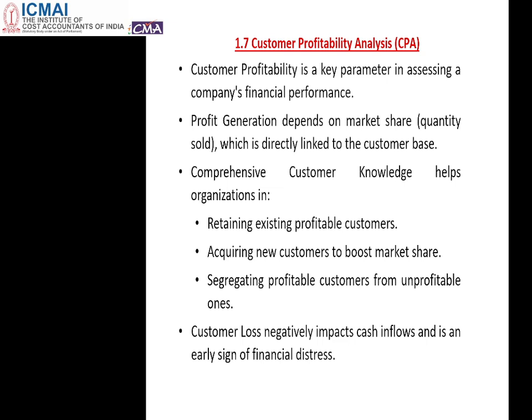Let's understand CRISIL, a division of S&P Global. Standard and Poor's is a global rating agency, an MNC typically. They have acquired stakes in CRISIL. That's why it's now a division of S&P Global, Standard and Poor's Global Rating Agency.